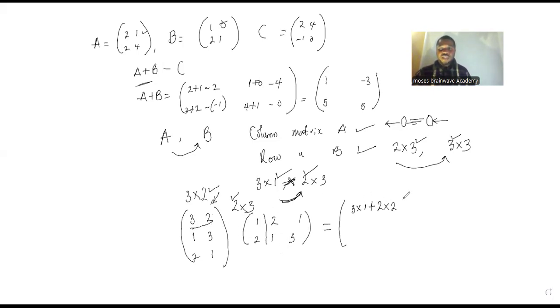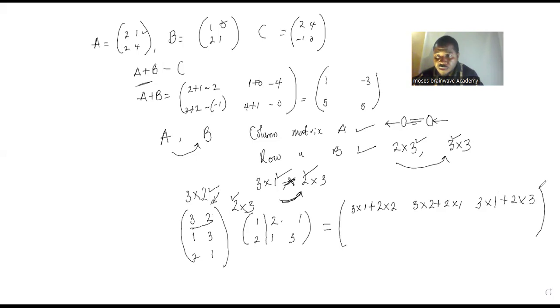So we have 3 multiplied by 2, then plus 2 multiplied by 1. Then we take it again to complete that first row: 3 multiplied by 1, then plus 2 multiplied by 3.